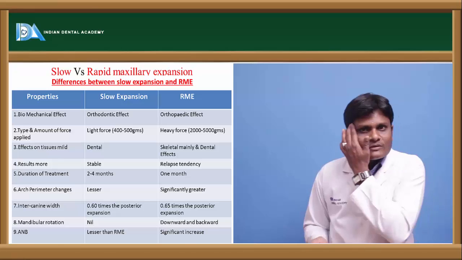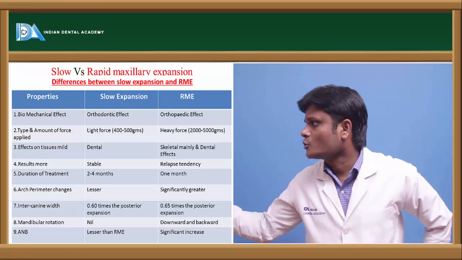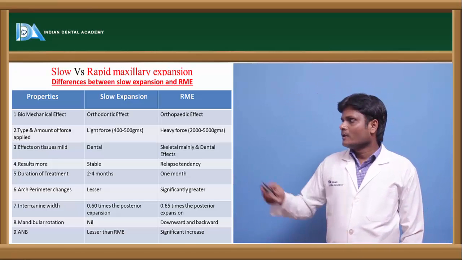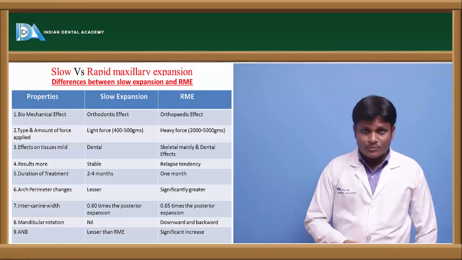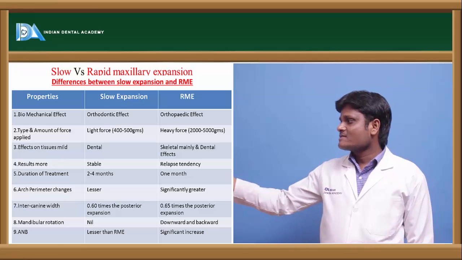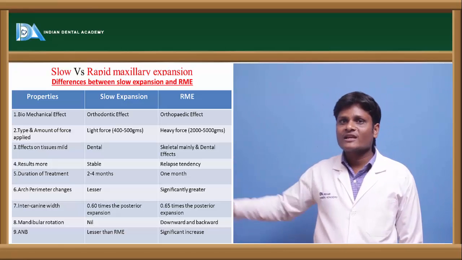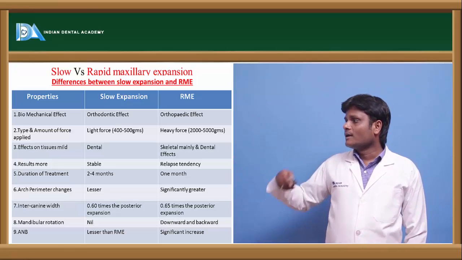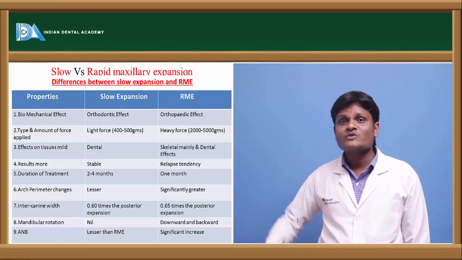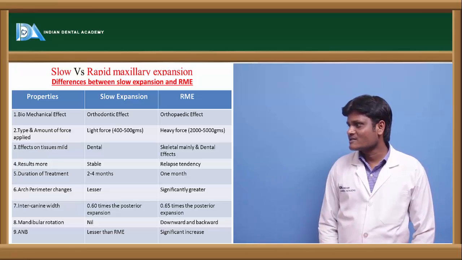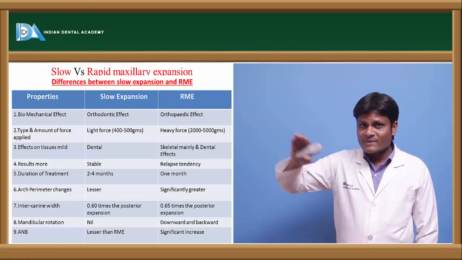Now let us look into the differences between slow and rapid expansion. Slow expansion gives orthodontic effect, rapid expansion gives orthopedic effect. With slow expansion, the force is very light, whereas with rapid expansion, the force is more. And the slow expansion produces dental expansion, whereas rapid expansion produces skeletal as well as dental expansion. The results with slow expansion are stable.